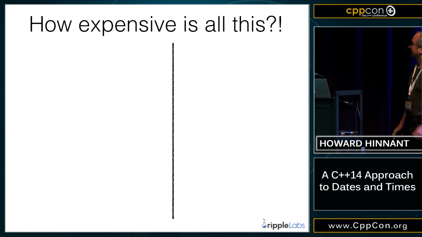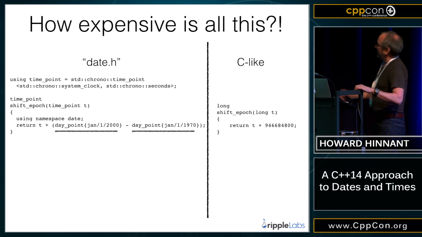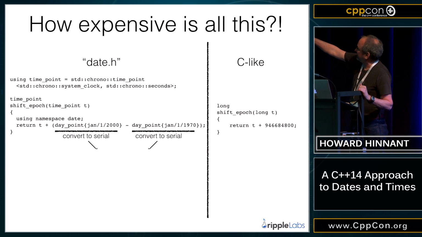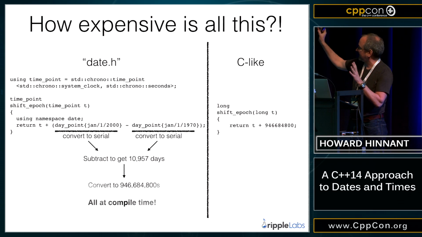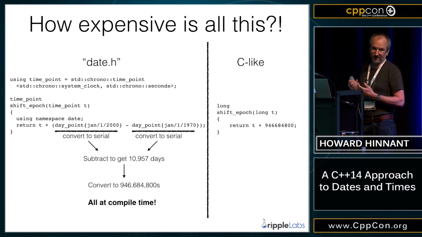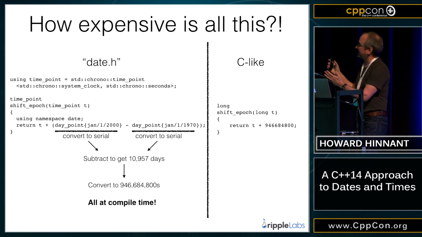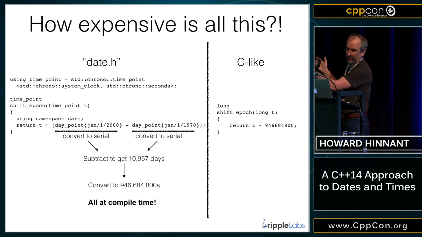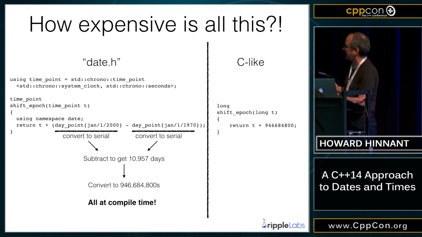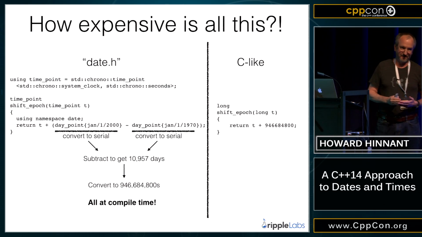How did that actually work? Over here, we've got to serialize both of these days, convert them to days and subtract them to get 10,000 some odd days. Convert that to seconds because the compiler knows I'm adding days to a time point based on seconds, so it just does that automatically. And it's doing it all at compile time.